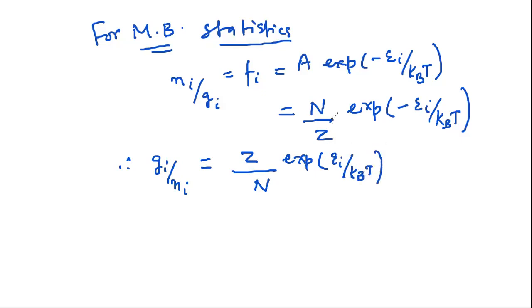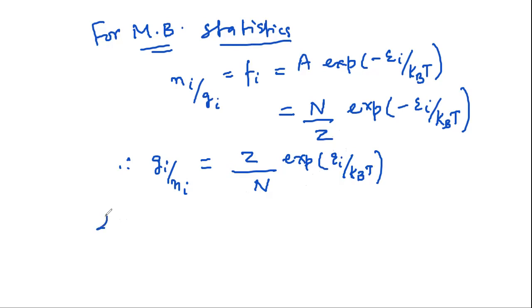You take that exponential of minus epsilon i by kT to the numerator, its power becomes positive. That means it becomes exponential epsilon i by kBT, right?